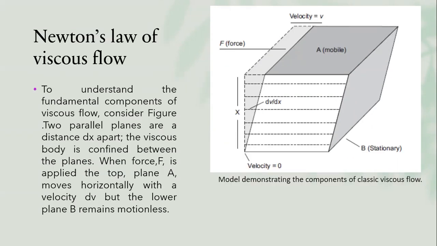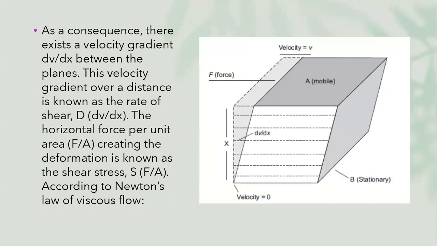What happens when you apply a force on the upper portion is that it moves with a velocity v, while the lower portion is stationary. As a consequence, a velocity gradient is formed, because the upper portion is moving and the lower portion is not.